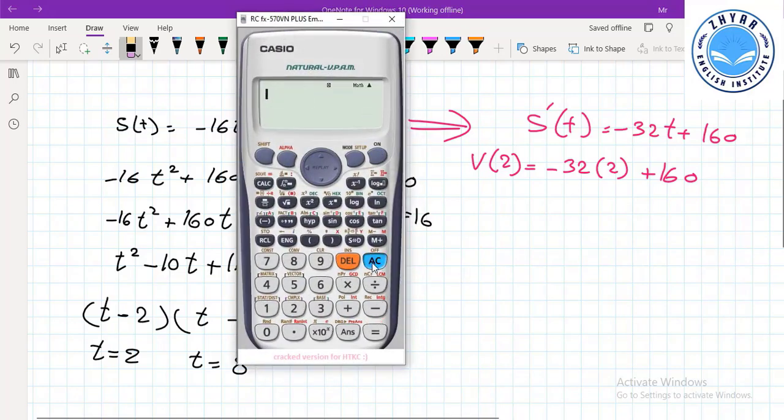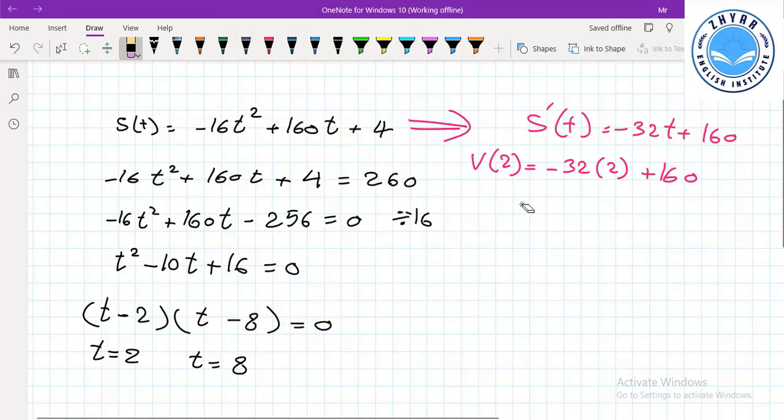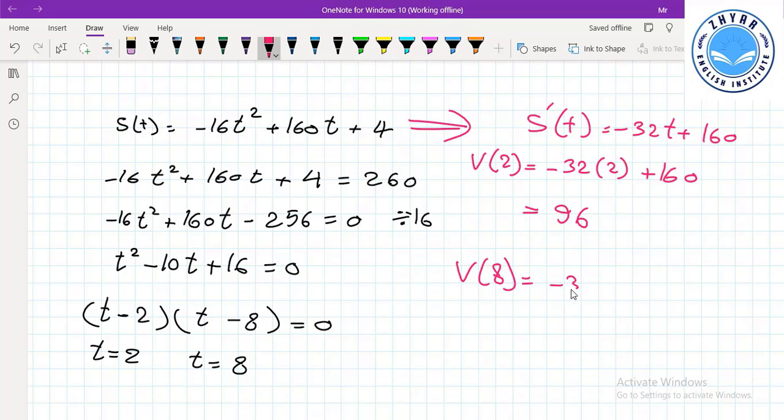Negative 32 times 2 plus 160 is 96. So the velocity is 96 upwards, and downwards v of 8 is equal to negative 32 times 8 plus 160.